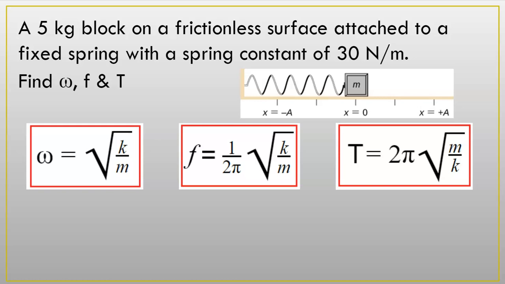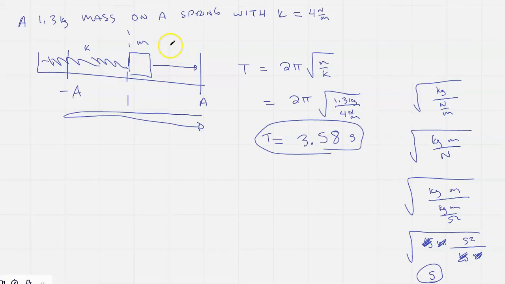Almost done here. Oh, I guess that was actually an example that we did, so we don't need to do this. If you wanted omega and f, you could either run it through the formulas here, or you could say, well, shoot, I know that omega is 2 pi f, and I know that omega is 2 pi over T. And since I've got T, I could plug it in here and solve for omega.